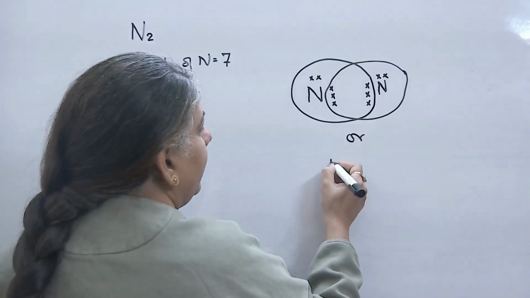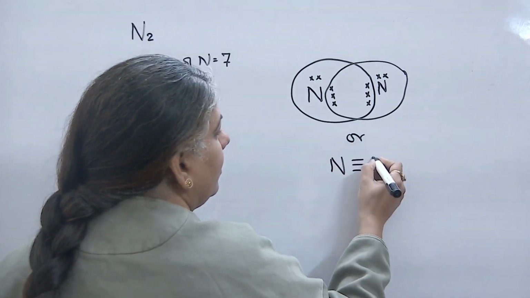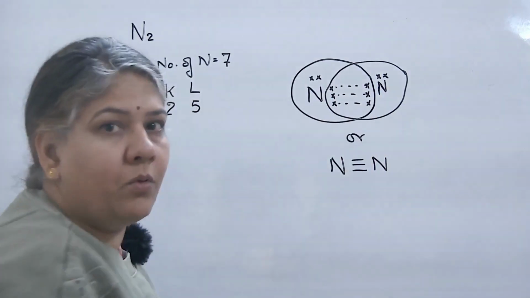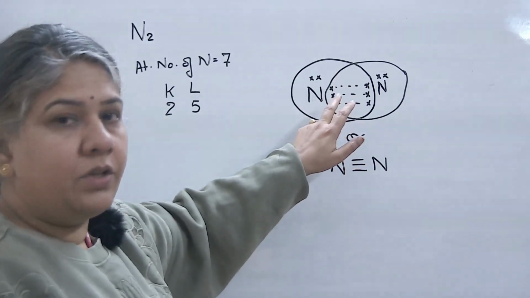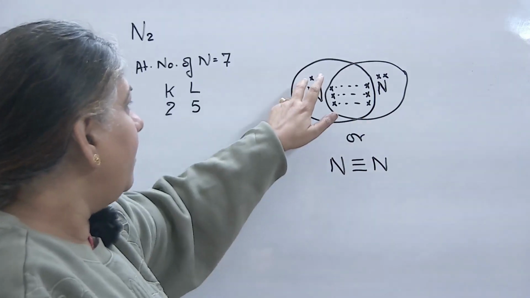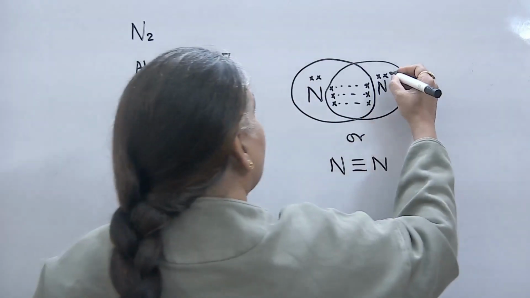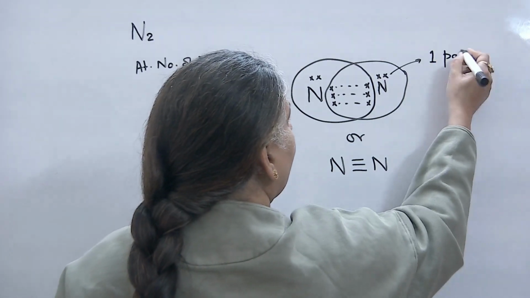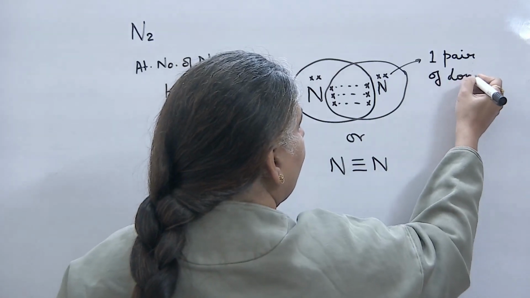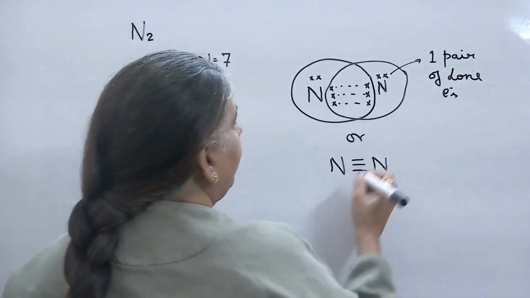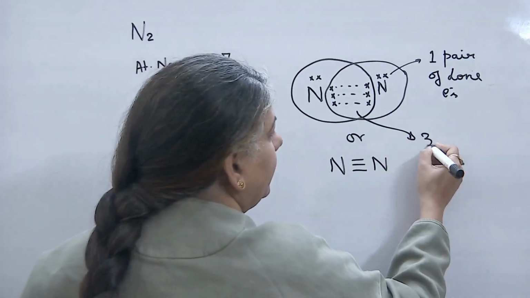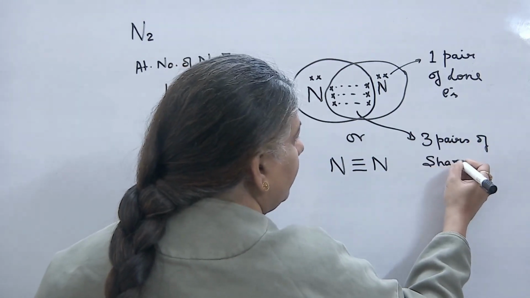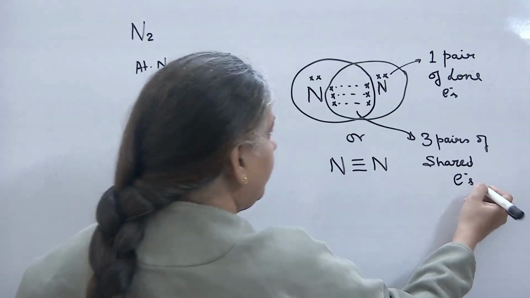So it is represented as a triple bond. 2 electrons form one single bond, so we have 3 pairs of electrons in the shared region which form the bond, and 1 pair of lone electrons on each atom. So 3 pairs are shared electrons.